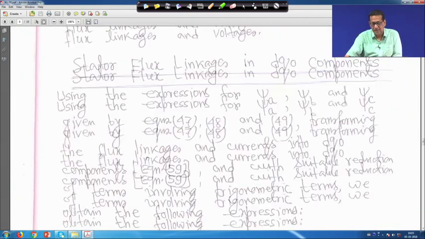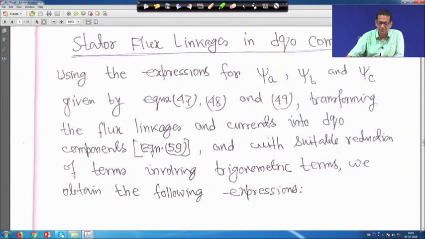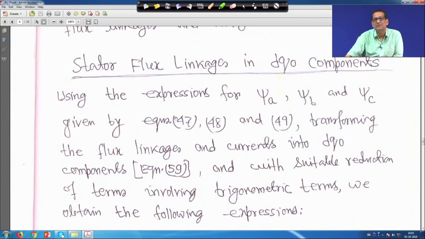Now, if we try to derive all this mathematics, all the derivation, it will consume a lot of time. So just certain things we have to keep in our mind. The flux linkages and induced voltages, all expressions will be similar, only the variables are different.